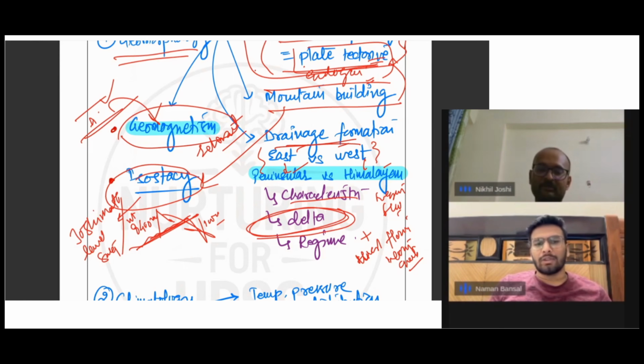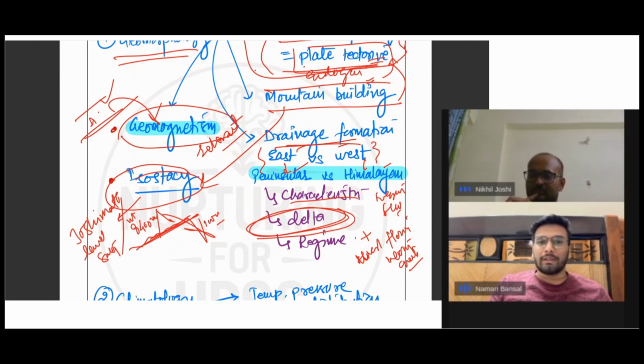Yes, in linkage to this, I'll add one thing: when there is some news and the question comes on the news part, then we must throw in one or two liners of the theoretical aspect. Just like Nikhil is saying, throw in the word isostasy when you are writing the answer on Joshimath. Similarly, when there is a question on cyclones or twisters, throw in some scientific explanation, some scientific words from the theoretical part.